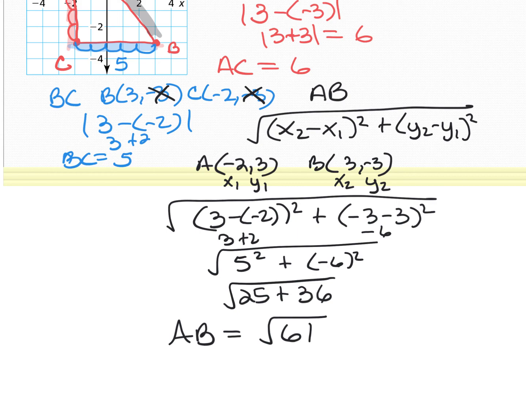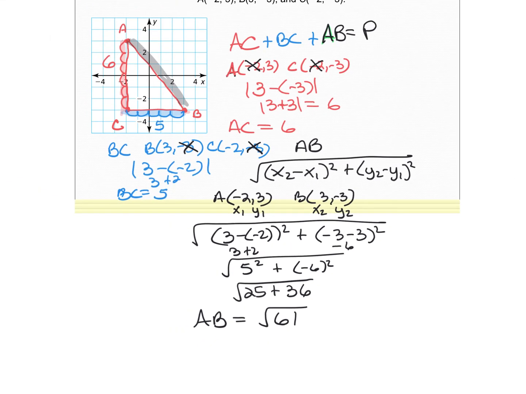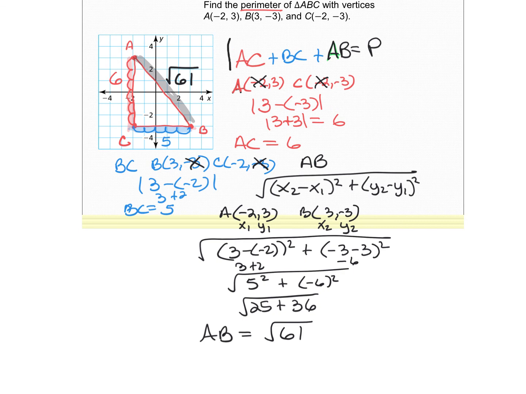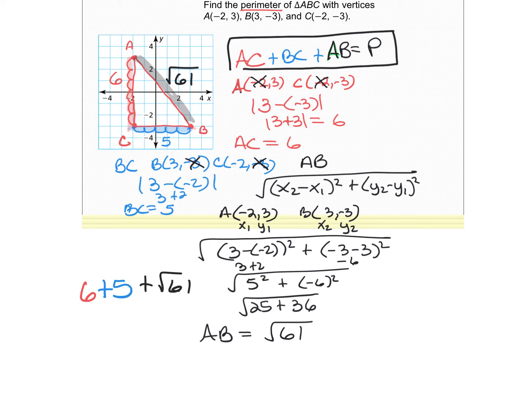Now I can label it up here because I already put labels on the other ones. Remember, what I told you we had to do from the very beginning was take all those sides and add them up. So AC is 6, BC is 5, and AB is square root 61.